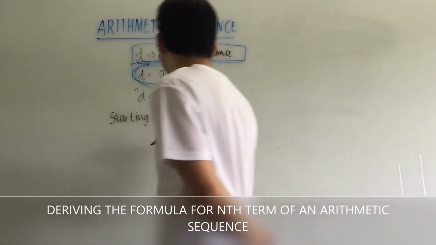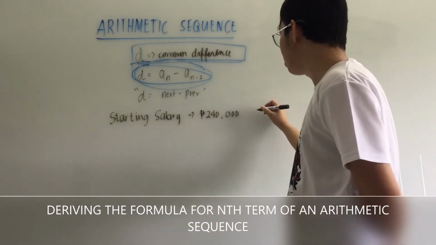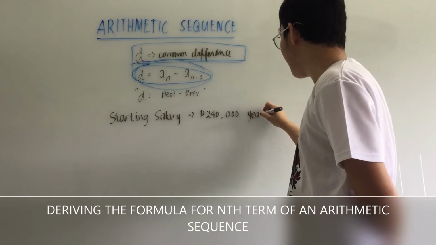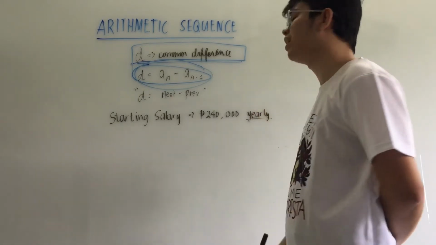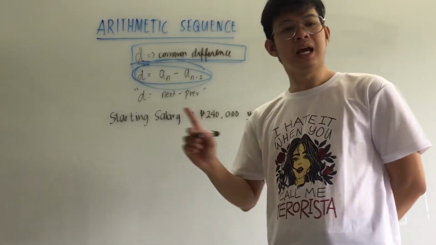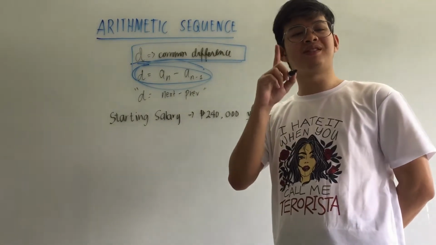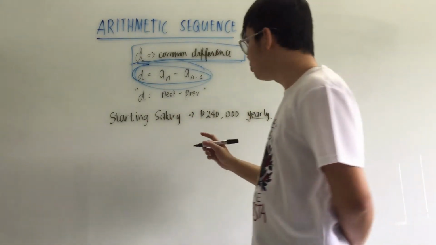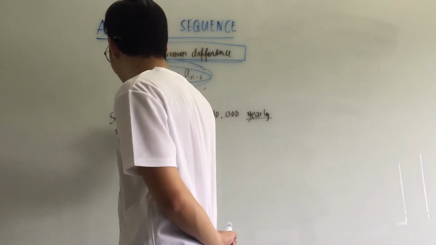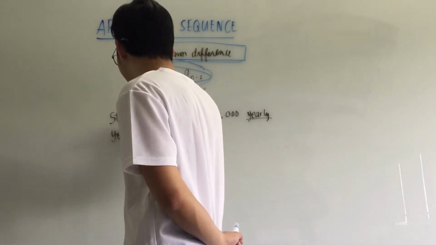So the starting salary is annual, or yearly. When you say annual, it's a yearly salary. And if he will be staying for another year, he will be added 20,000 for the yearly raise.